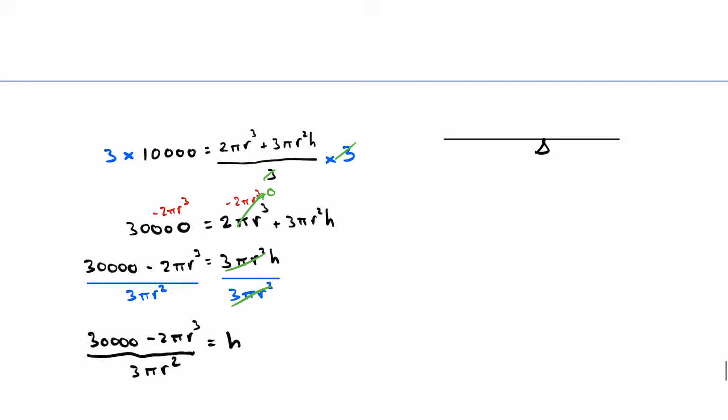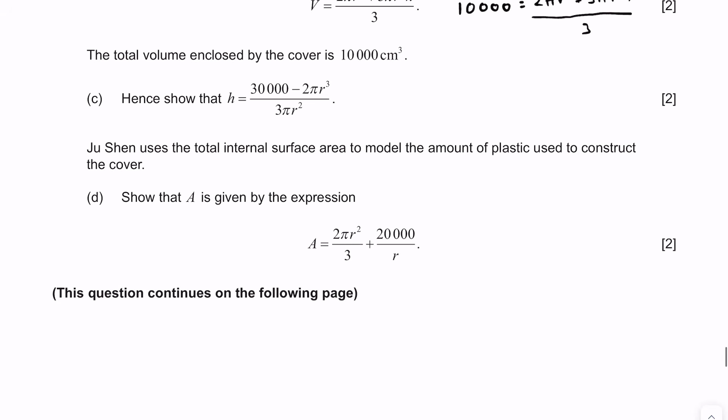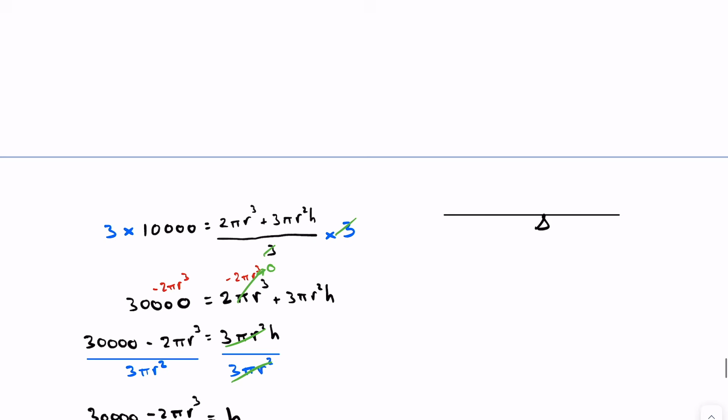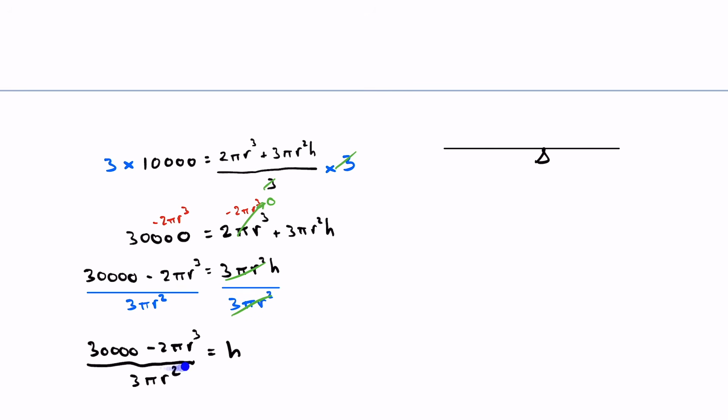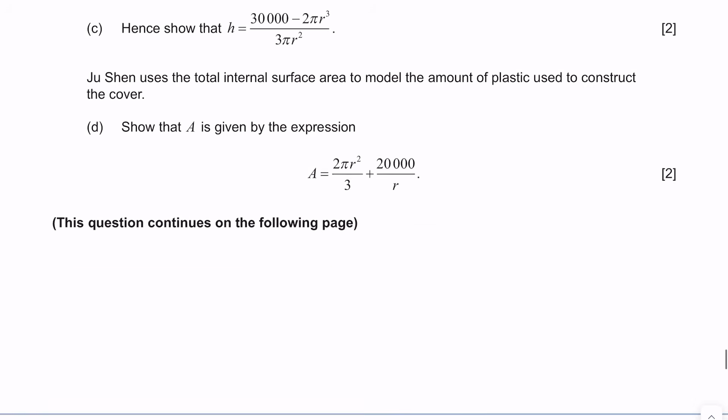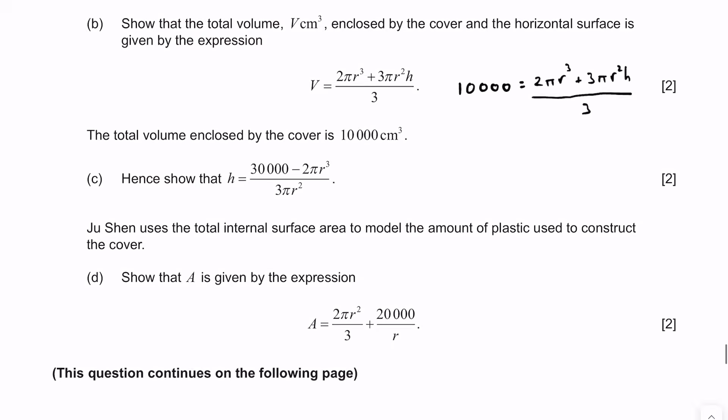I've actually forgotten what it looks like, but here it is: 30,000 minus 2 pi r cubed over 3 pi r squared. And now we've got h by itself, through some, to be honest, rearrangement. Okay, let's keep going.